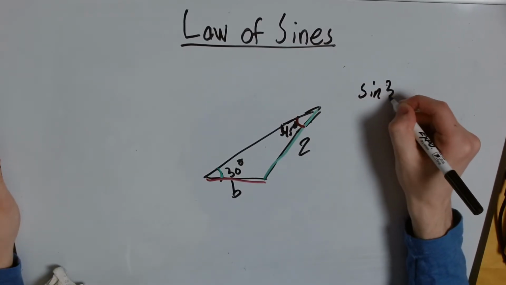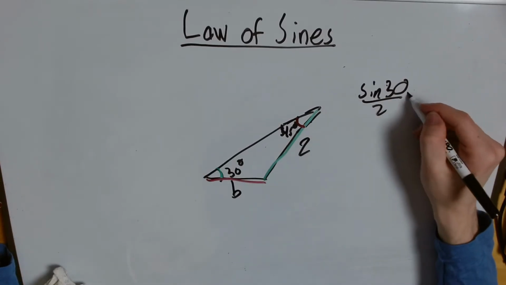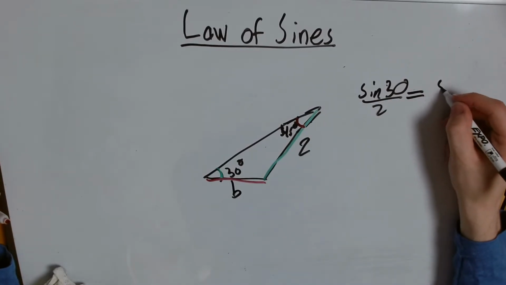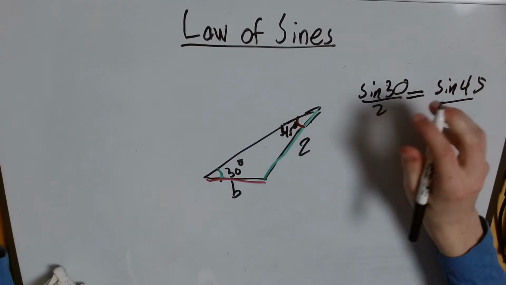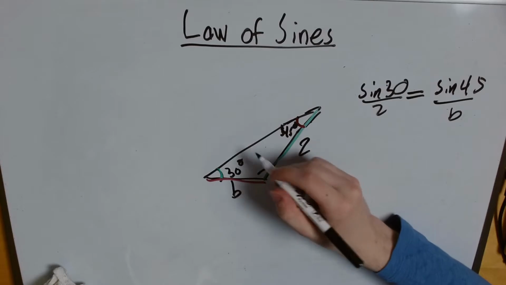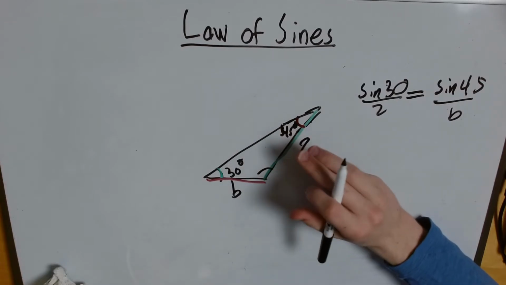sine of 30 over 2, my matching side length because it's the opposite, is equal to the sine of 45 over b. And we're not going to worry about this angle and this side length because we don't need that information to solve the problem. We only have to focus on these two.